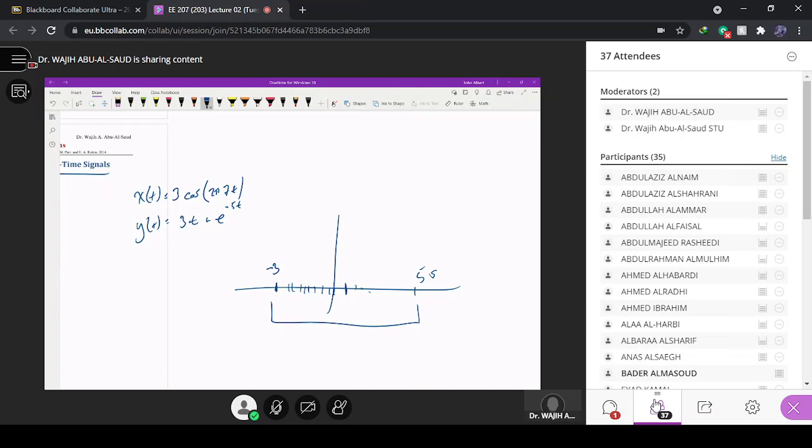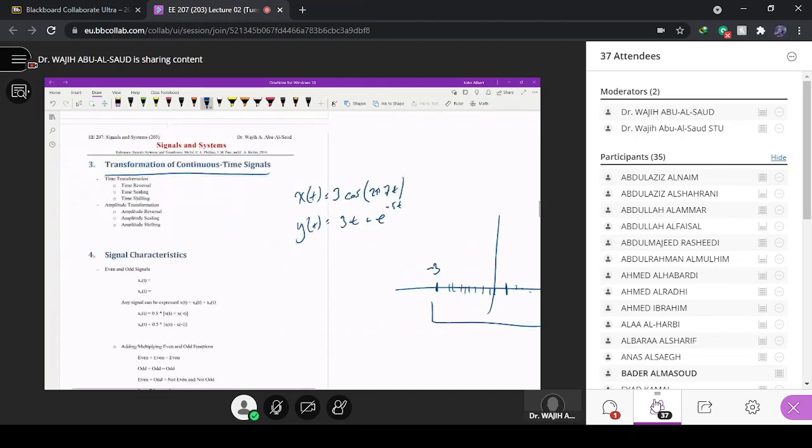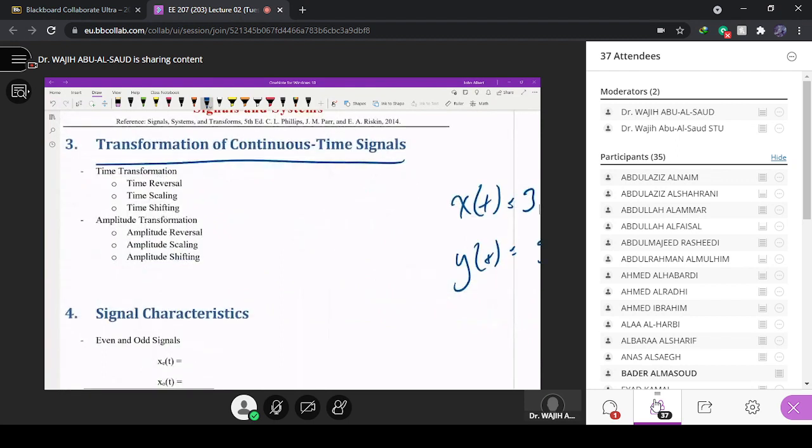Okay? So whenever you deal with continuous time signals, you sometimes have to deal with some transformations of those continuous time signals. And the transformations that we're going to be talking about today, and probably next class also, come in two different flavors. One of them is called time transformations, and the other one is called amplitude transformations.